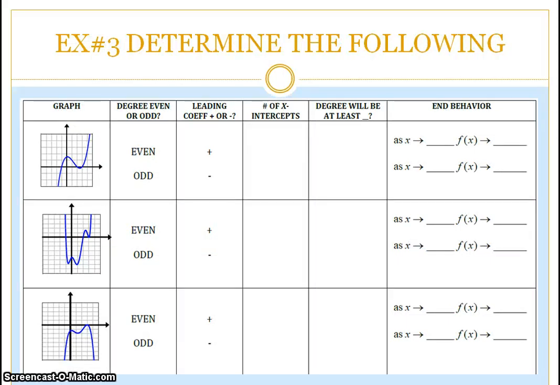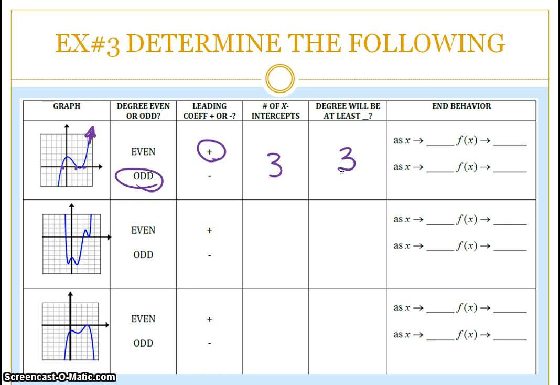Okay, so here we're just going to fill in the table looking at the graph. You see they're pointing in opposite directions, so automatically you know the degree is odd. The right-hand side is pointed up, so you know the leading coefficient is positive. It crosses the x-axis 1, 2, 3 times, so there are 3 x-intercepts, so you know the degree will be at least 3.